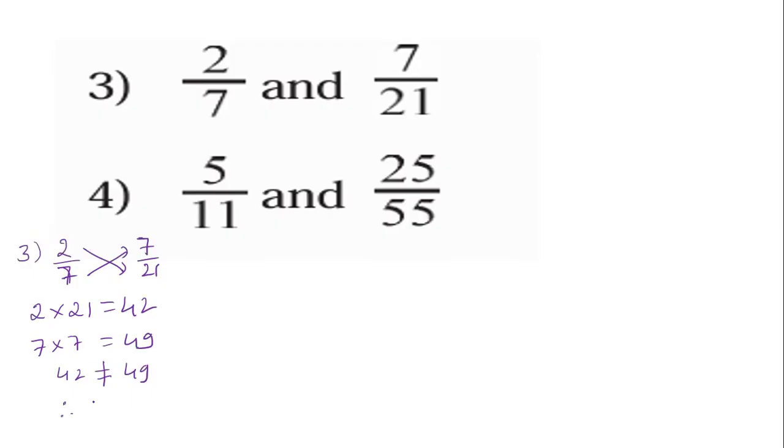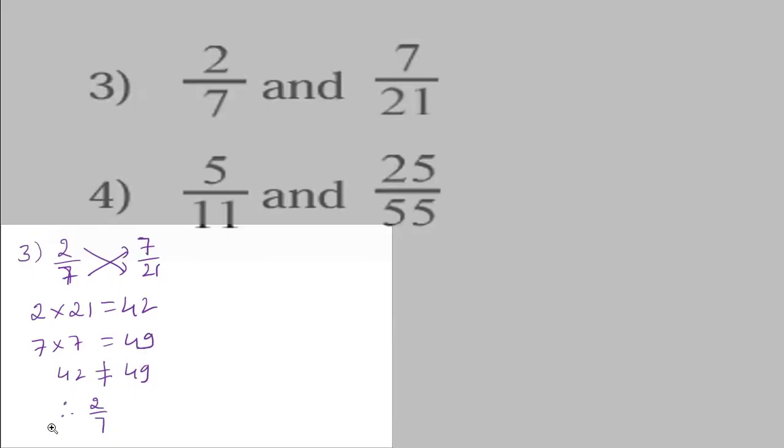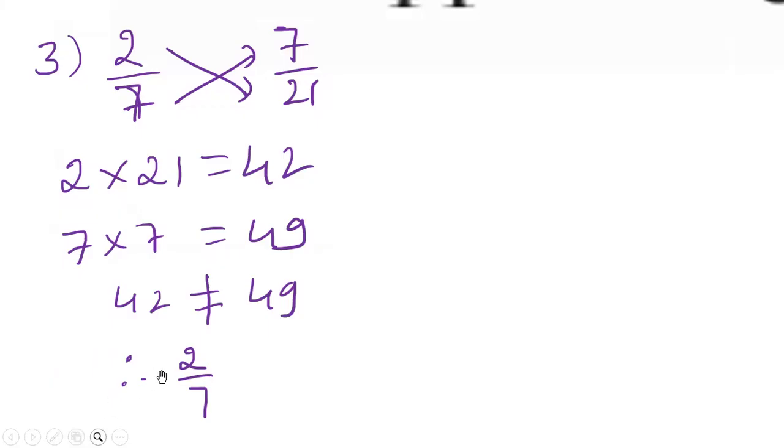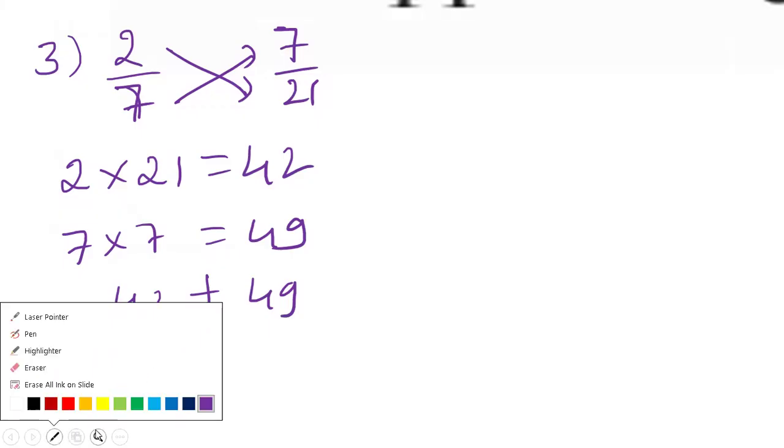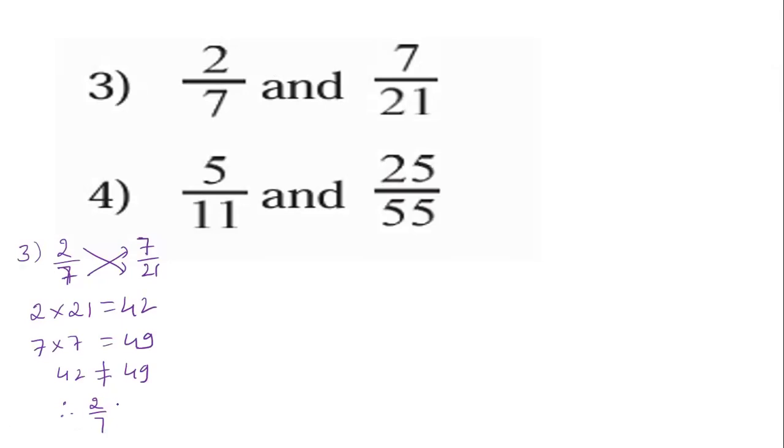Therefore, 2 by 7 is not equal to 7 by 21.